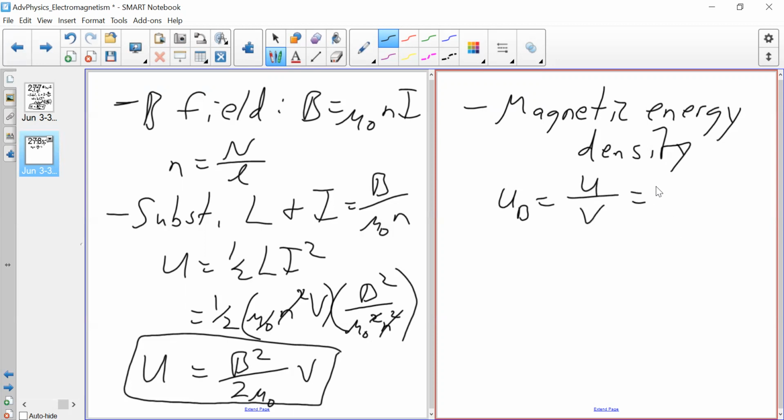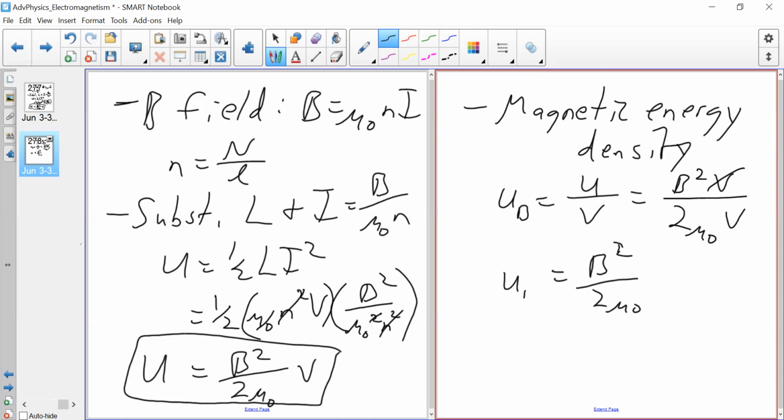And we have our energy there, B squared V over 2 mu naught V. That just equals B squared over 2 mu naught. So this will be the energy density of the inductor. So we can use those for sample problems.